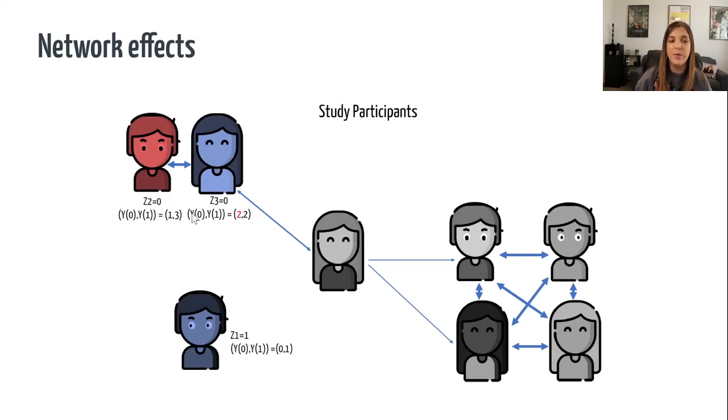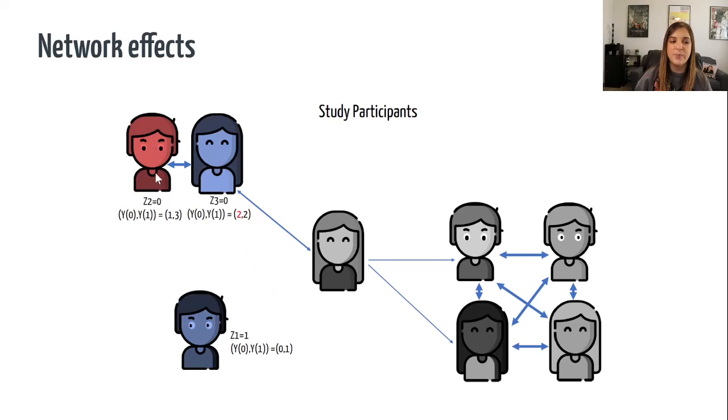So now, even in the control group, she has the same potential outcome as if she was in the treatment group, because she got the same information, even though she was not in the treatment group. And this guy down here is again not treated, and he has a potential outcome that remains unchanged.